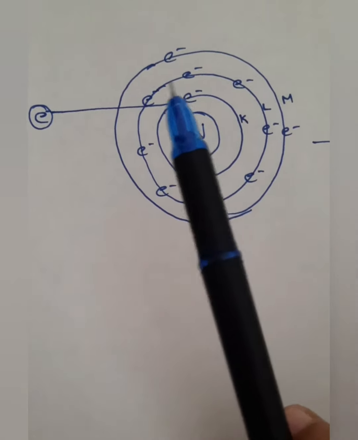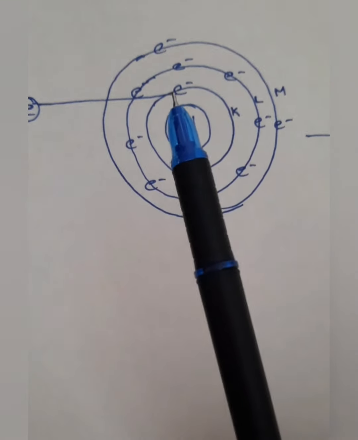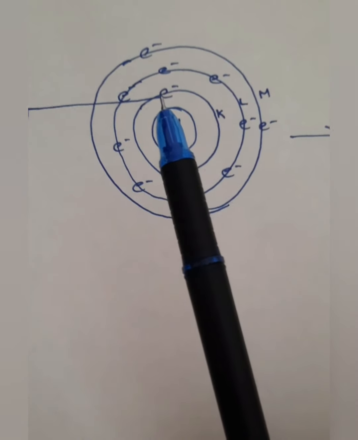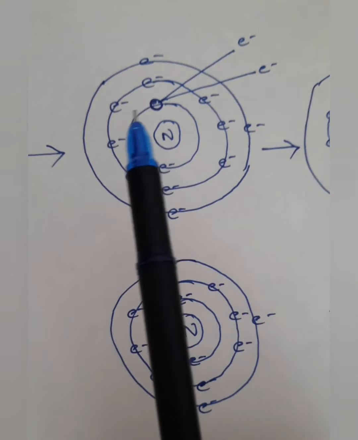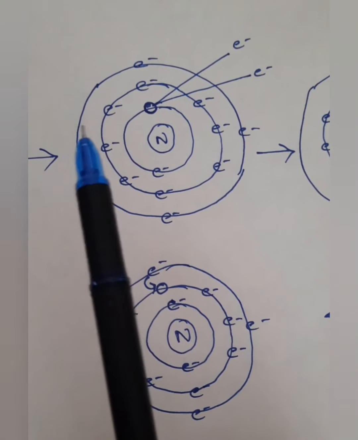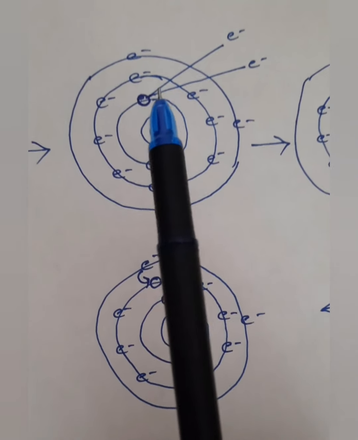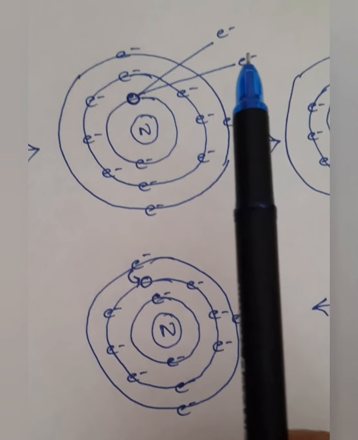Now what happens when the electron bombards an orbital electron? This electron is ejected from its position. So this is what happens. The incoming electron collides with an orbital electron and both electrons are ejected from the atom.